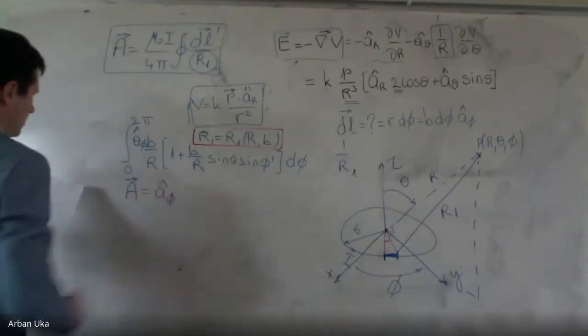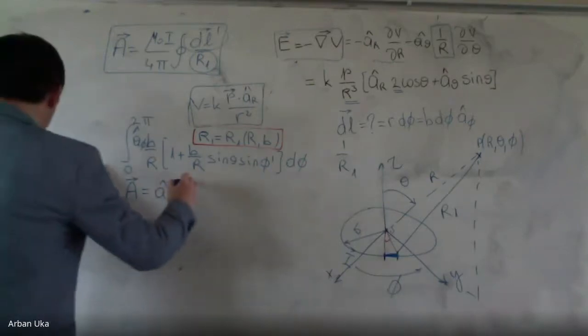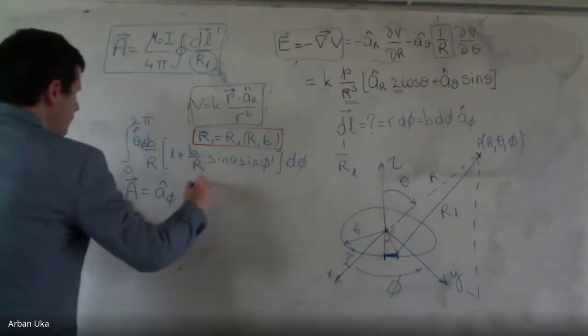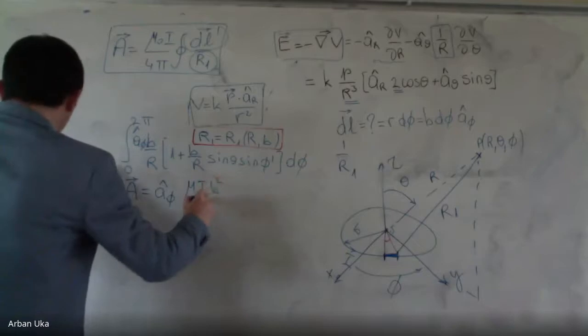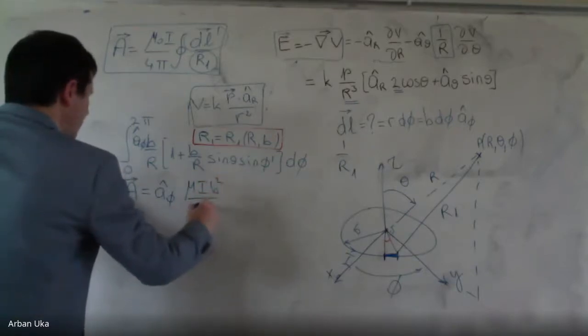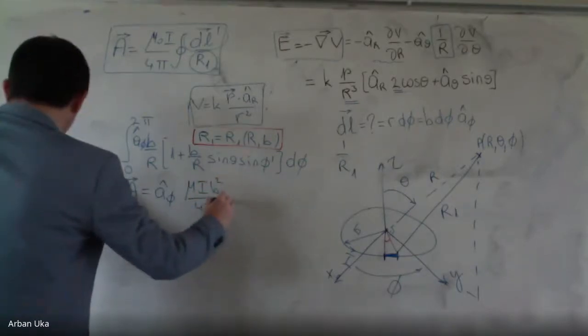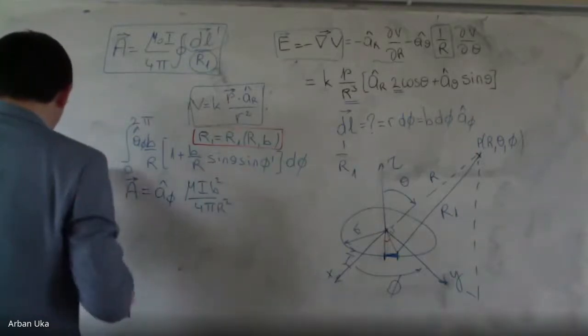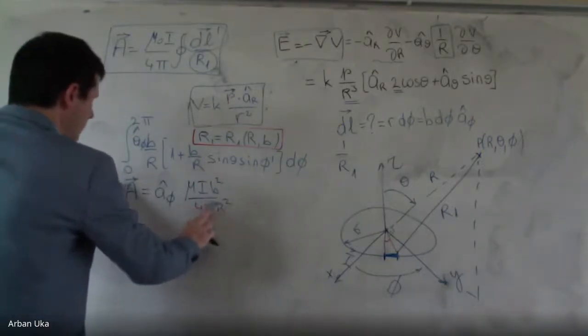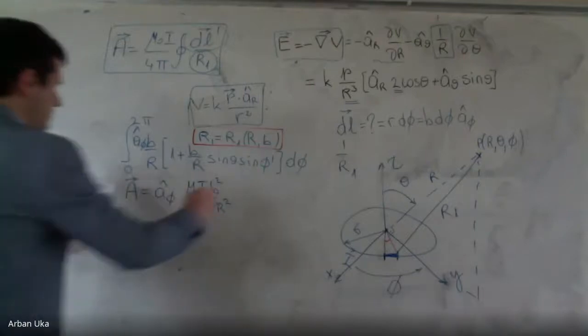times mu I b squared over 4 r squared times sine theta.